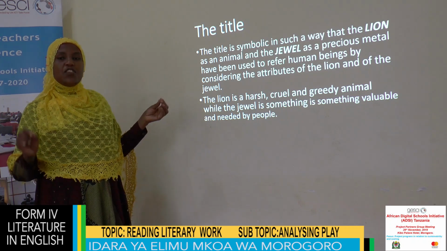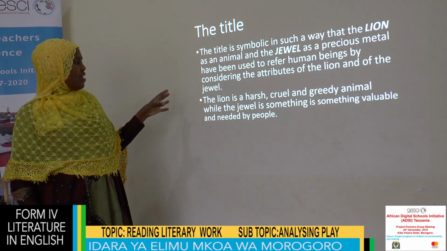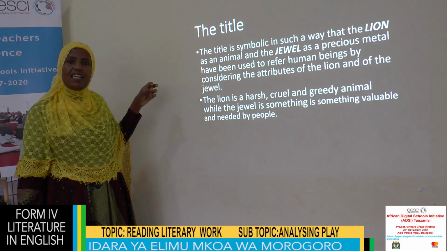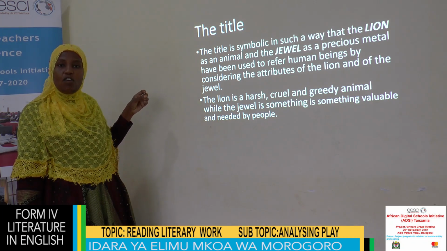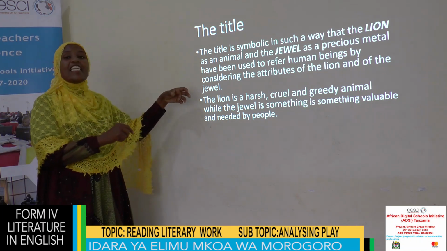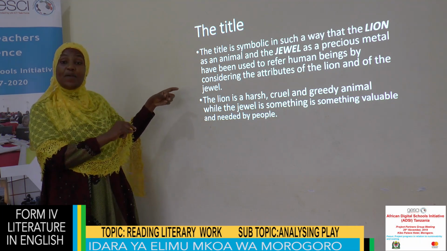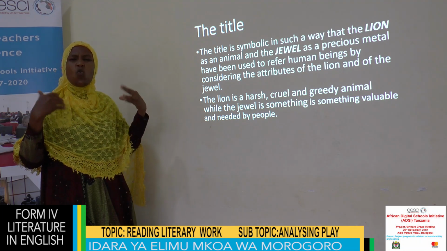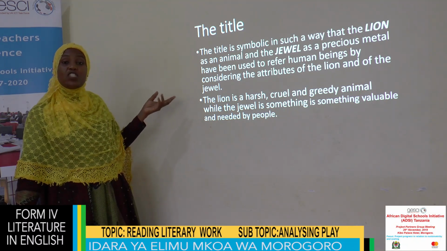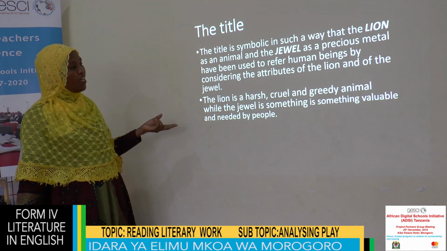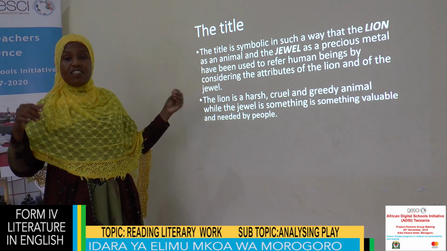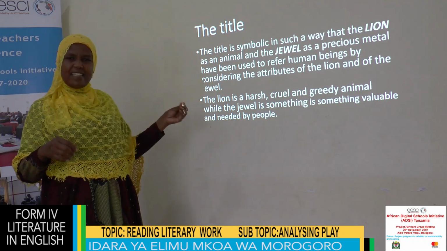Now, class, can you predict whether a man or a woman is being referred to as the lion, taking the attribute or behavior of that particular animal, being harsh, cruel, very strong, very great? Is that referring to a woman or a man? It's particularly a man. Some of the men behave like this, and they seem to be very strong, very oppressing, very harsh.